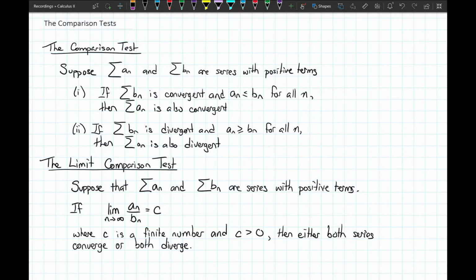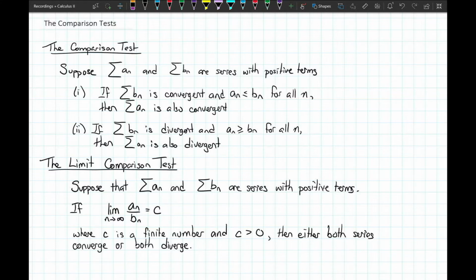We're comparing two different series, and typically the terms in one are labeled a and the terms in the other are labeled b. Typically the series with a's is what we're looking to analyze, and the series with b's is a series we're familiar with. In this case, though, we actually form a ratio of our a_n term over a b_n term. So they're corresponding terms, but we're looking at the ratio a_n over b_n.